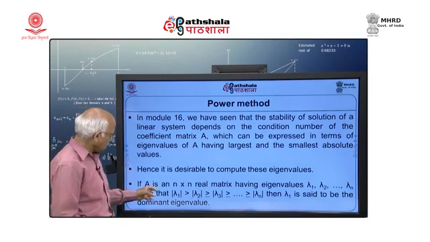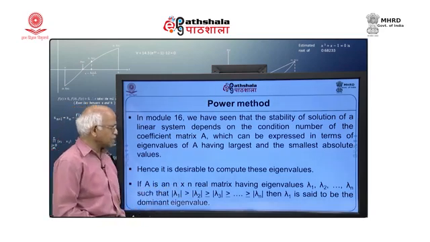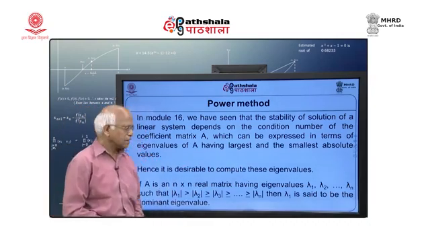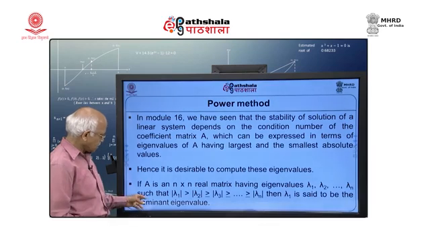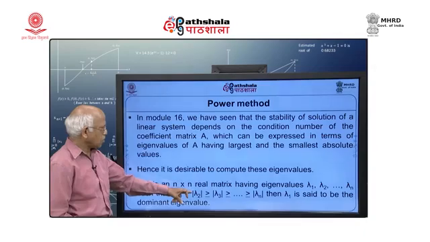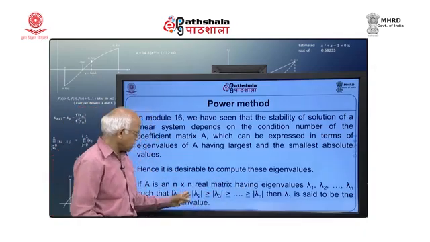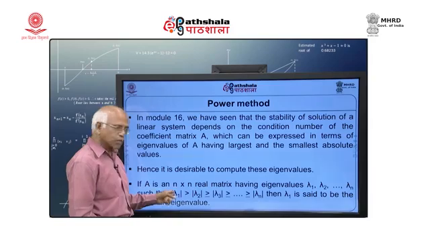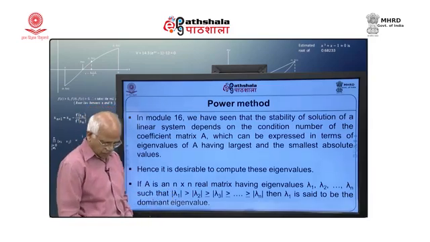So, if A is any n cross n real matrix having eigenvalues lambda 1, lambda 2, ..., lambda n, we are considering that the absolute value of lambda 1 is strictly greater than all the other eigenvalues. We are arranging them in order of magnitude here, but that may not be absolutely necessary. This is the largest eigenvalue, and there is only one such eigenvalue.